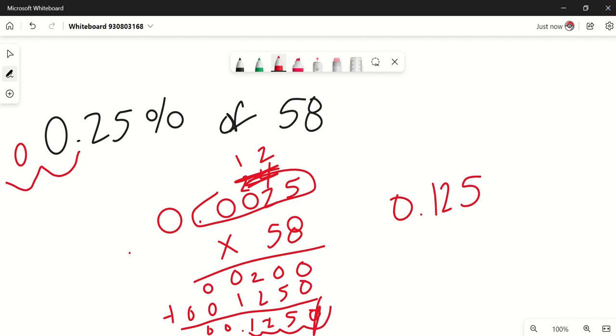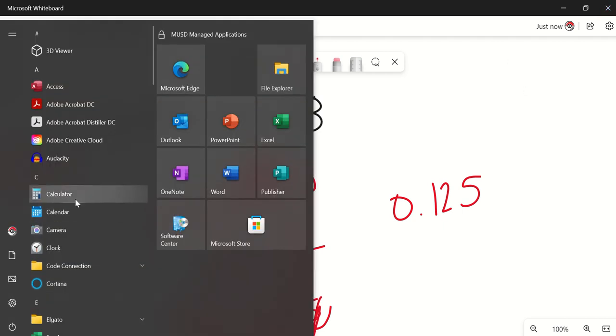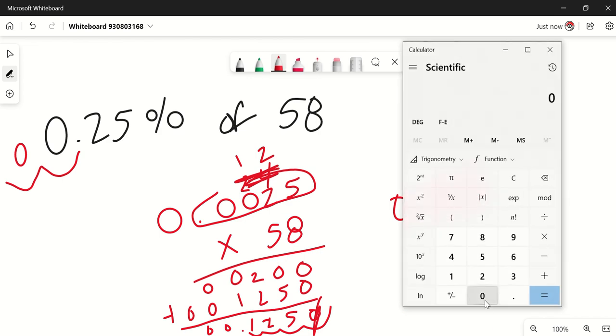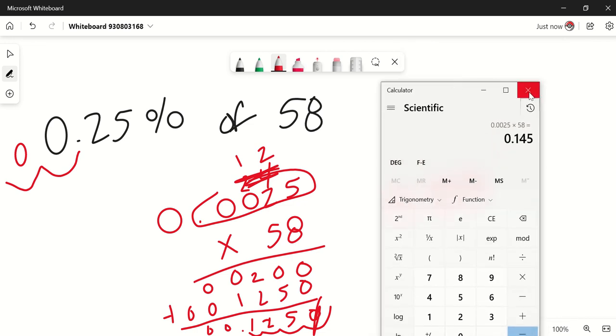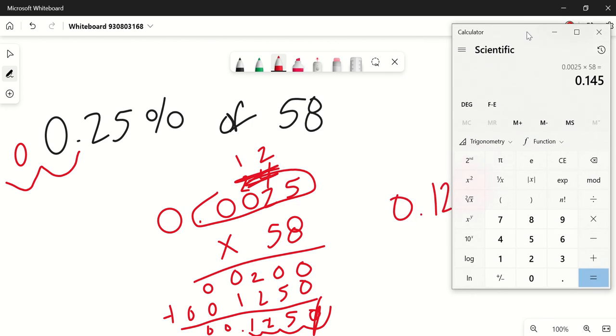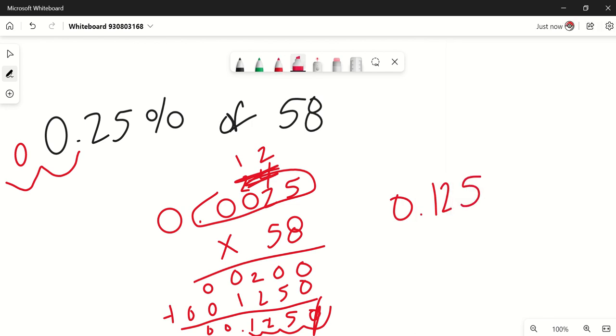So let's check. 0.0025 times 58 equals 0.145, which is not what I got. Where did I make a... Oh, I see where I made a mistake. Right here. I added two 2s and I said it was 2.